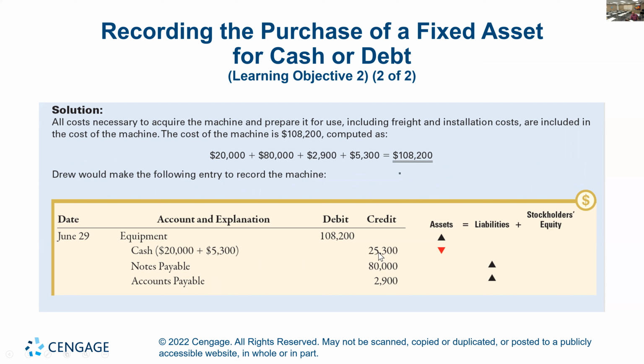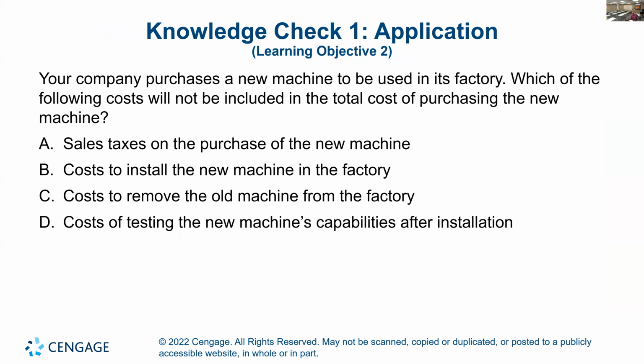Still cash going out on the same day. And then accounts payable, because it says that the freight was on account. So we create a liability that we have to pay later. So there's an example of your initial recording of the purchasing of a fixed asset.